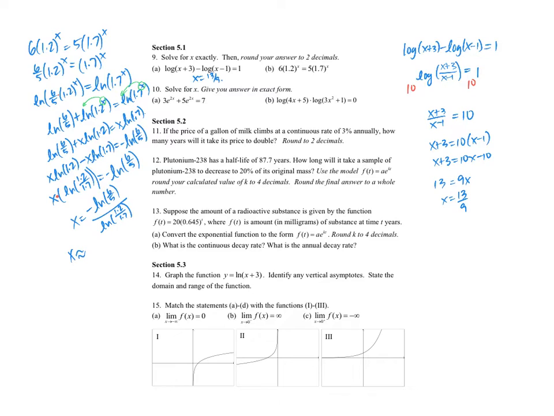So if we type all that into our calculator, negative natural log of 6/5 divided by natural log of 1.2 divided by 1.7, we get 0.523. Did it say how many decimal places to round? 2 decimal places, so 0.52.